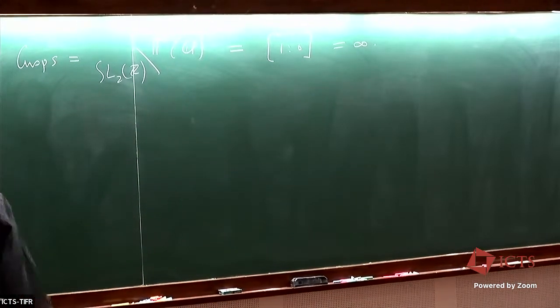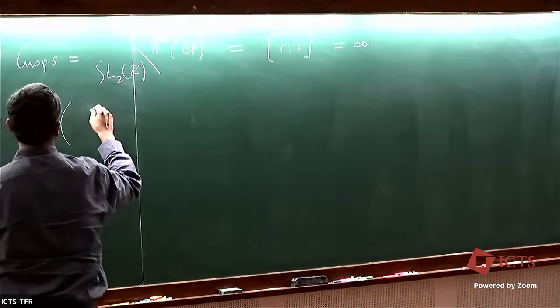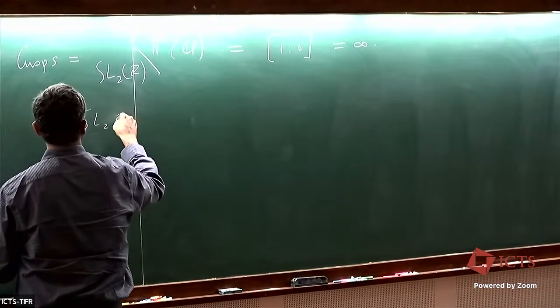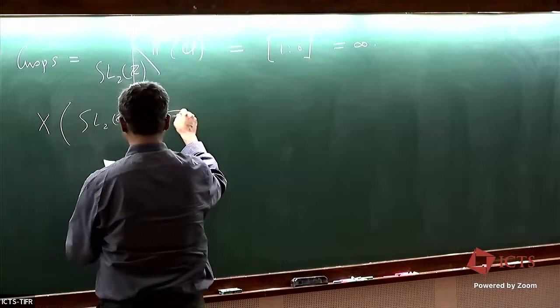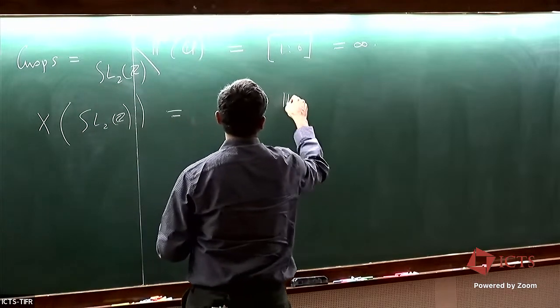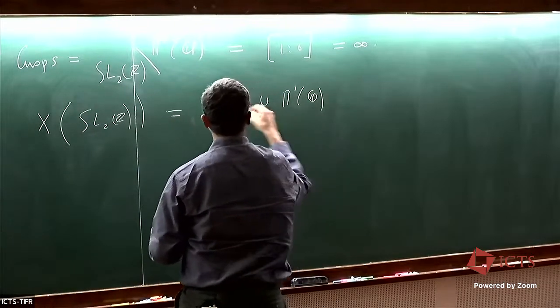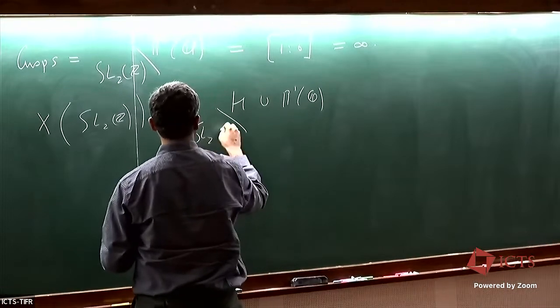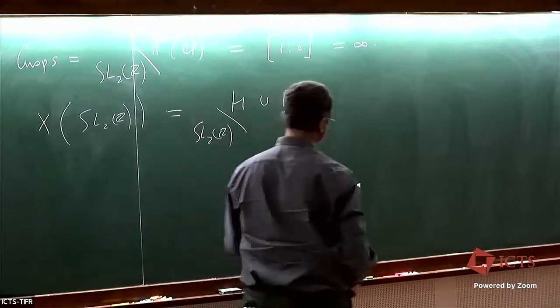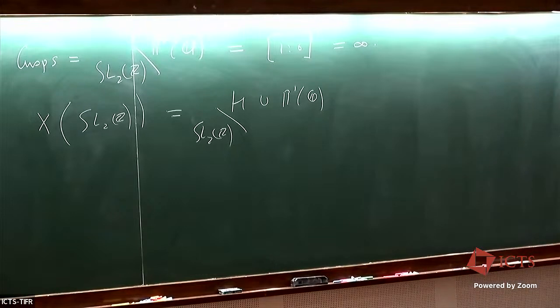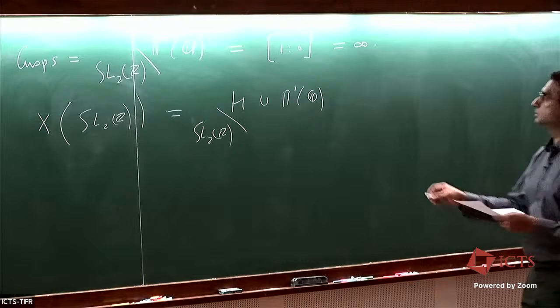There's just one cusp, and X(SL2Z) is then defined by just adding on this one point. So it's just the old Y(SL2Z) union one point. The claim is that this is a compact Riemann surface.